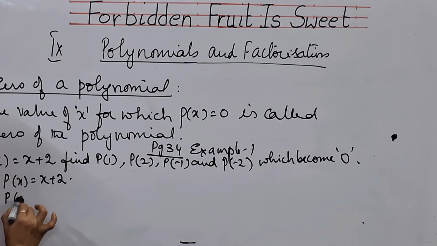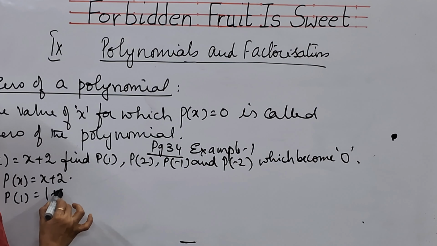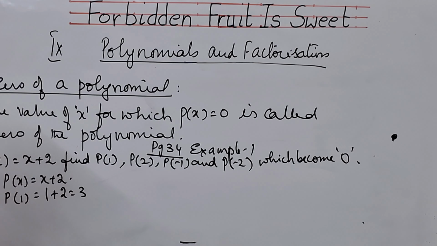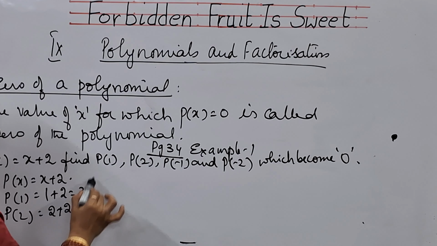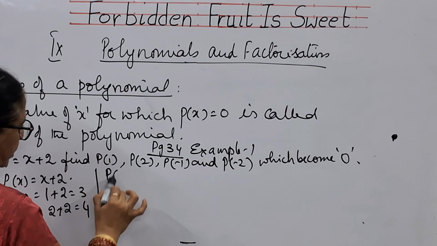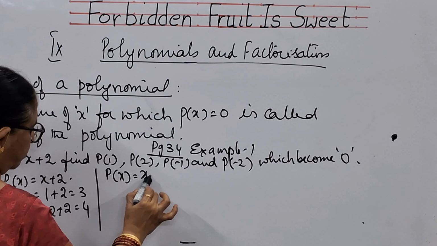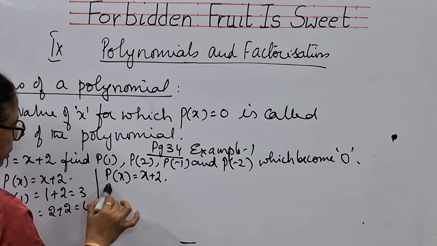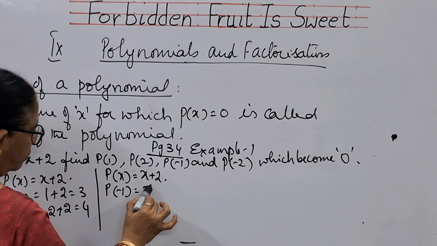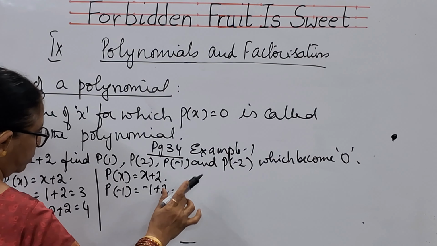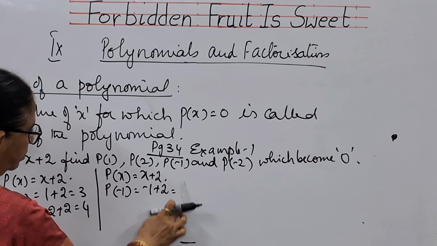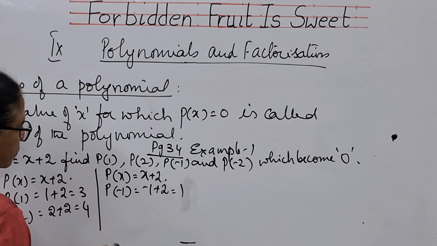So what is p of 1, children? 1 plus 2, that is equal to 3. P of 2, 2 plus 2, that is equal to 4. So again let me take p of x is equal to x plus 2. P of minus 1 is equal to minus 1 plus 2, that is equal to just 1. I am getting it as 1.